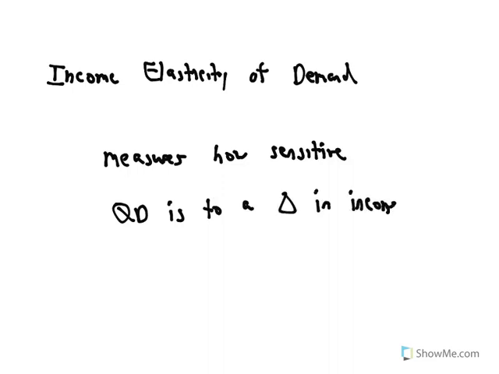In other words, as my income increases or decreases, how is that affecting my quantity demanded? By how much, right? We know it's going to increase or decrease depending upon if it's a normal or inferior good, but by how much? And the reality is, this is very useful for determining if something is a normal or inferior good.